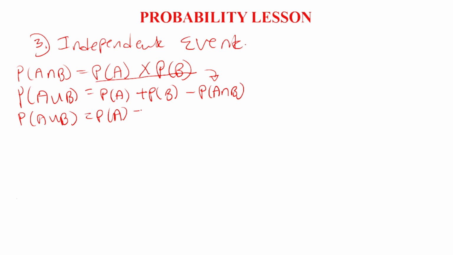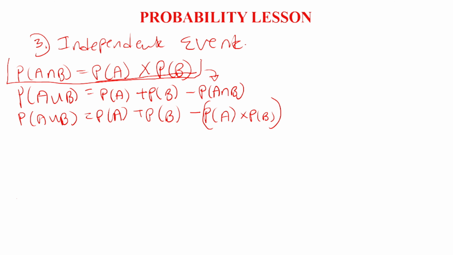Trust me, guys, they like bringing this in the exam, asking you to prove independence. So you're just going to come here and say times probability of B. Please take note, the independent formula is this one: probability of A and B is equal to probability of A times probability of B. Please take note, guys.